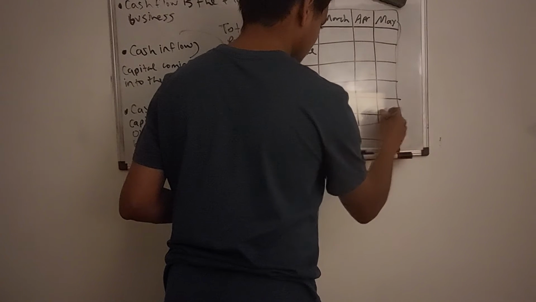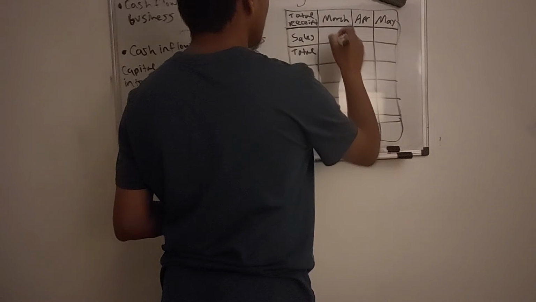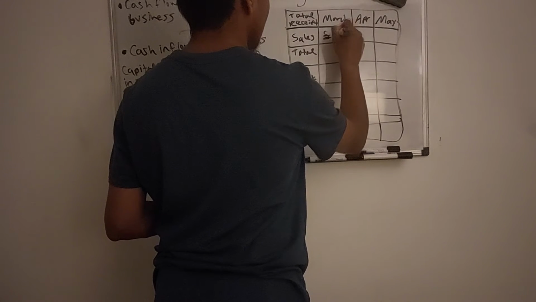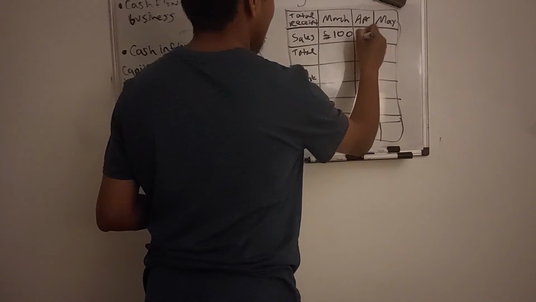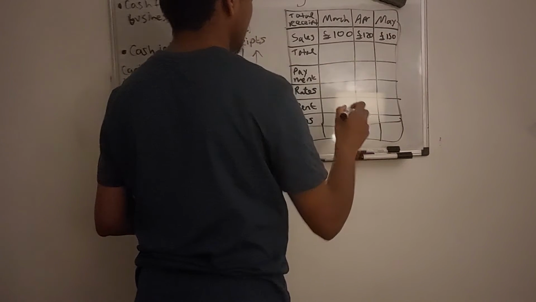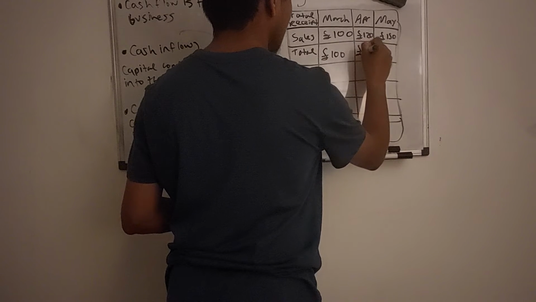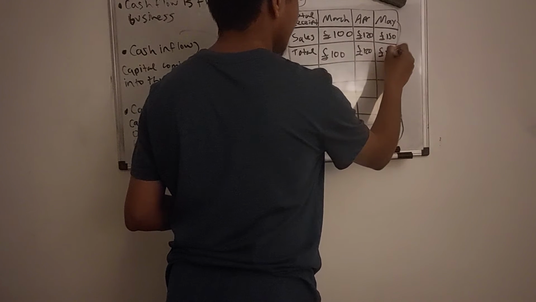Draw another heading here. So March your sales was £100, let's say. April was 120, May was 150. Total is going to be the same: 100, 120, 150.